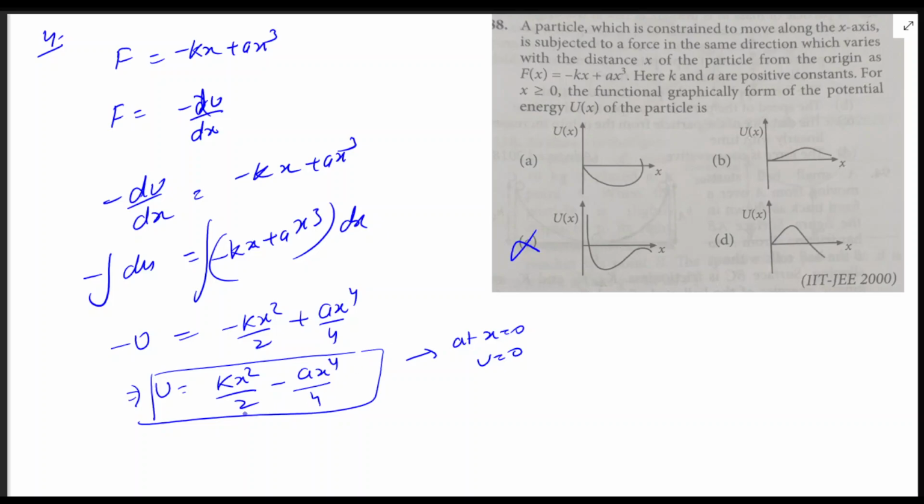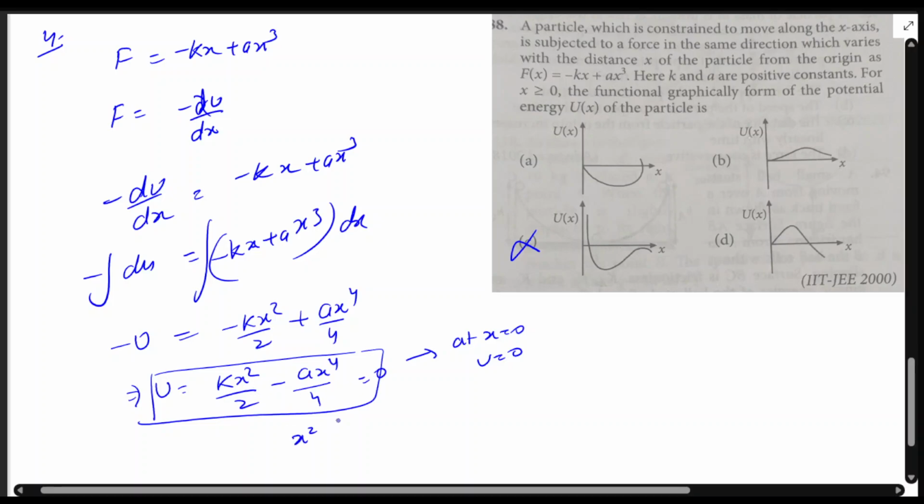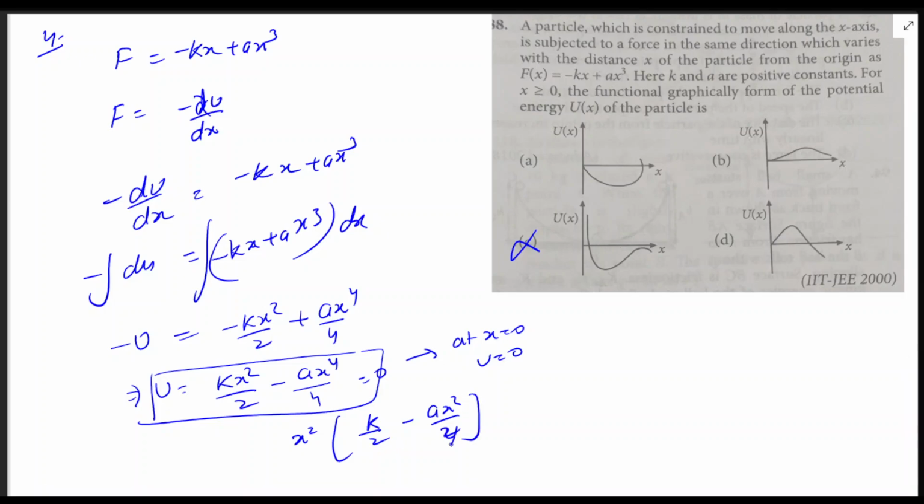Now, perfect. Let's find the point where u is 0. At x equal to 0, or we can just find it by putting u to 0. So we'll get x square common. So it will be k by 2 minus a x square by 4. We know x is 0 at u is 0.